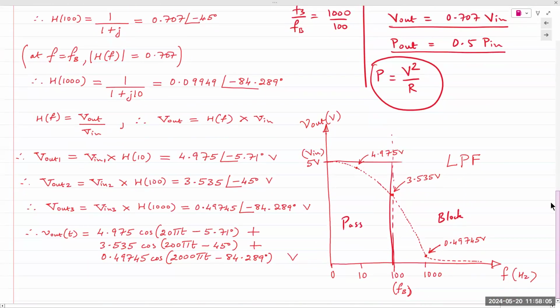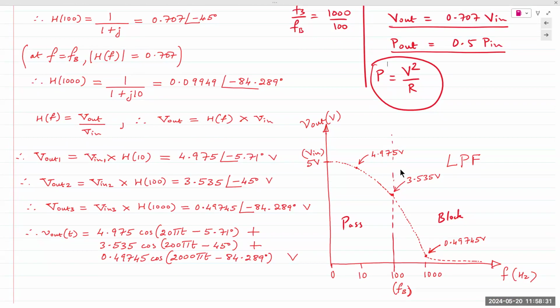And then if you notice at 1000 hertz, 1000 is 10 times larger than your break frequency, right? Your break frequency is 100 hertz. Input frequency is 1000. You would expect a 1000 hertz signal coming in should drop all the way to 0 at the output, right? Output should not have anything.